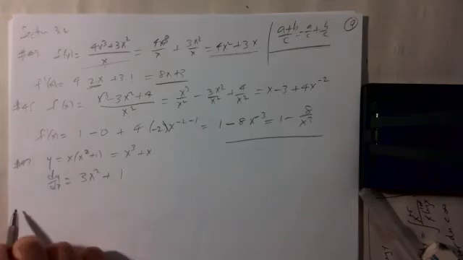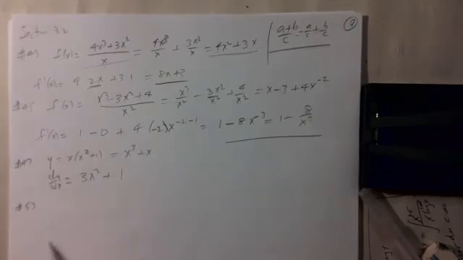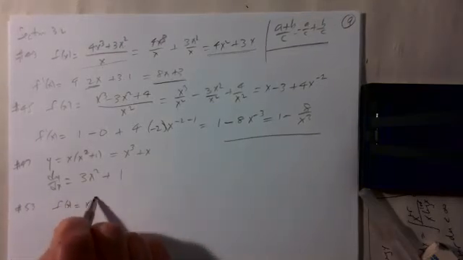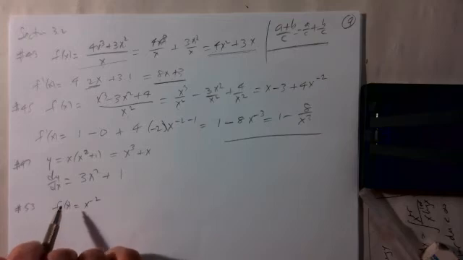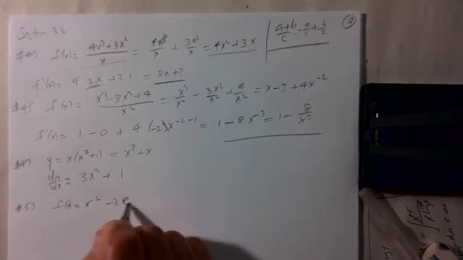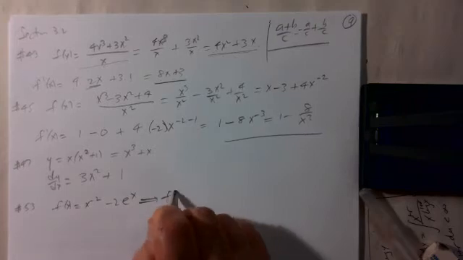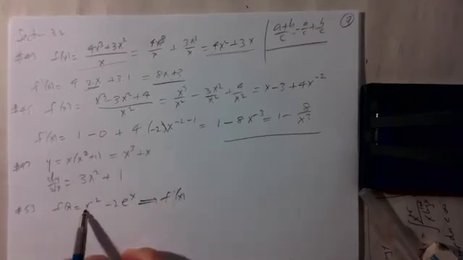Let me do number 53. So 53, the function f of x is x to the minus 2 minus 2e to the x. So f prime of x is the derivative of this minus the derivative of this.